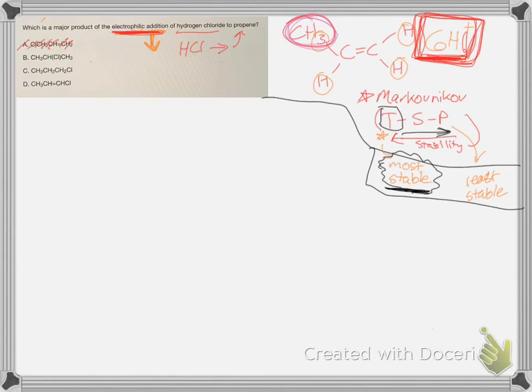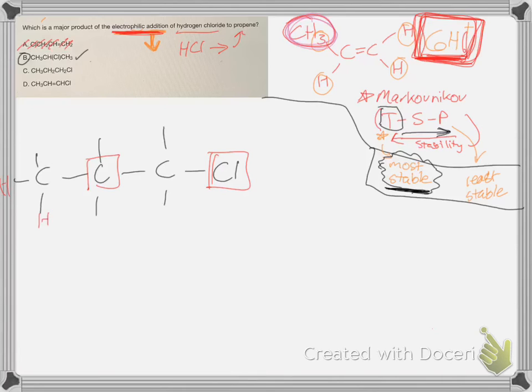So now if we have a look at C, so now we know that B is the correct answer. Let's have a look at C. Well, if we just draw it out. Well, it's a secondary carbocation, which is also perfect, and it proves the stability explanation that I have provided.